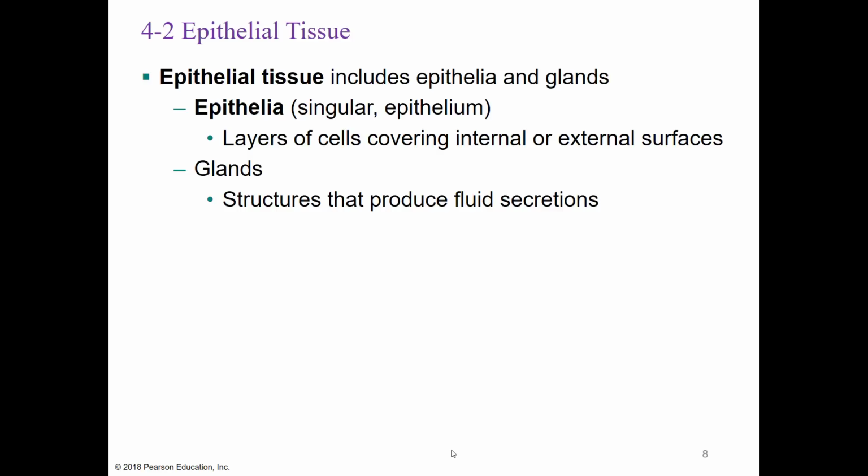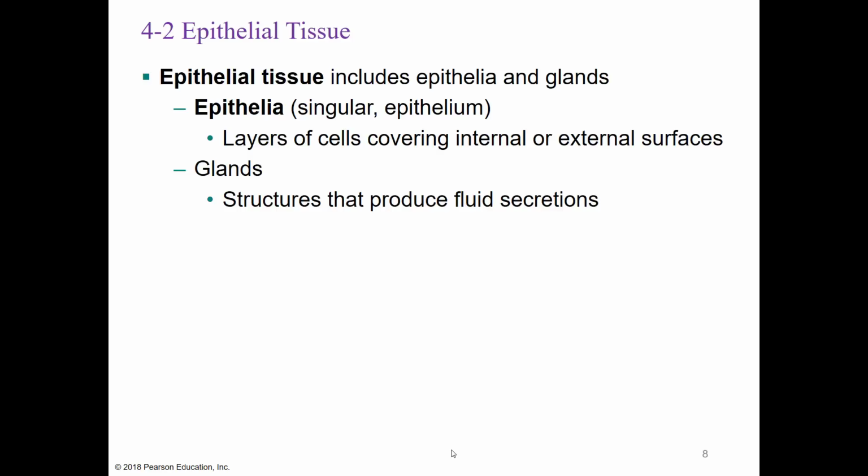So it's also going to include glands, and depending on where we are in the body, those glands are going to change. For example, if we're talking about the epithelia in the skin, then the glands we would think of maybe would be oil glands or sweat glands.